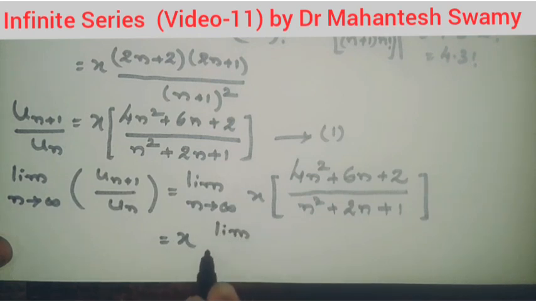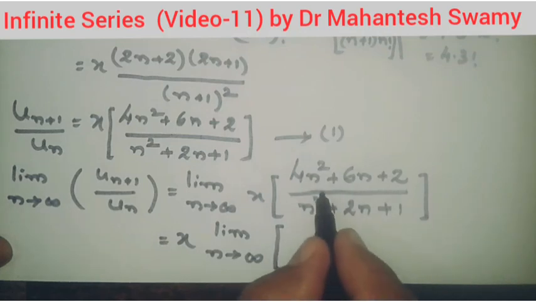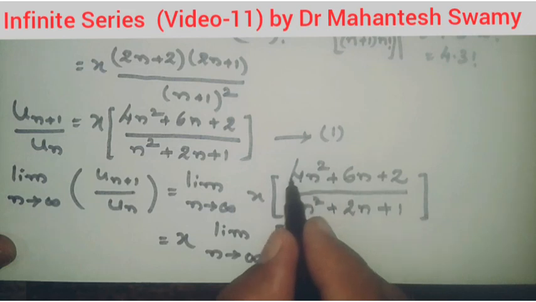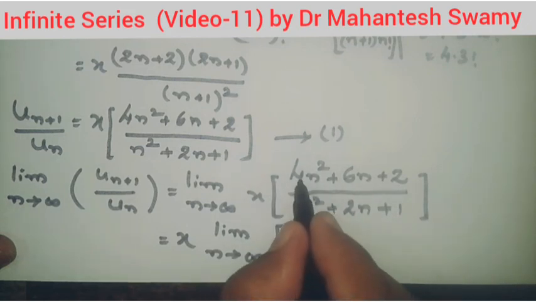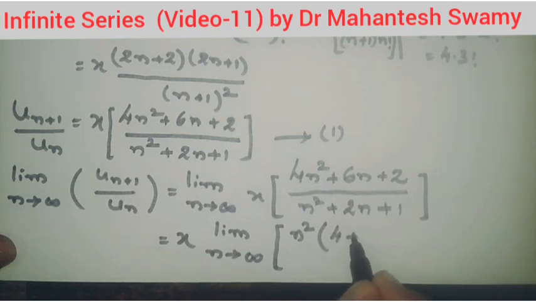Limit as n tending towards infinity. The evaluation of this limit will be easier if I take n square common here. In the numerator, if I take n square common, here it is 4 plus 6n by n square, so it is 6 by n, plus 2 by n square.